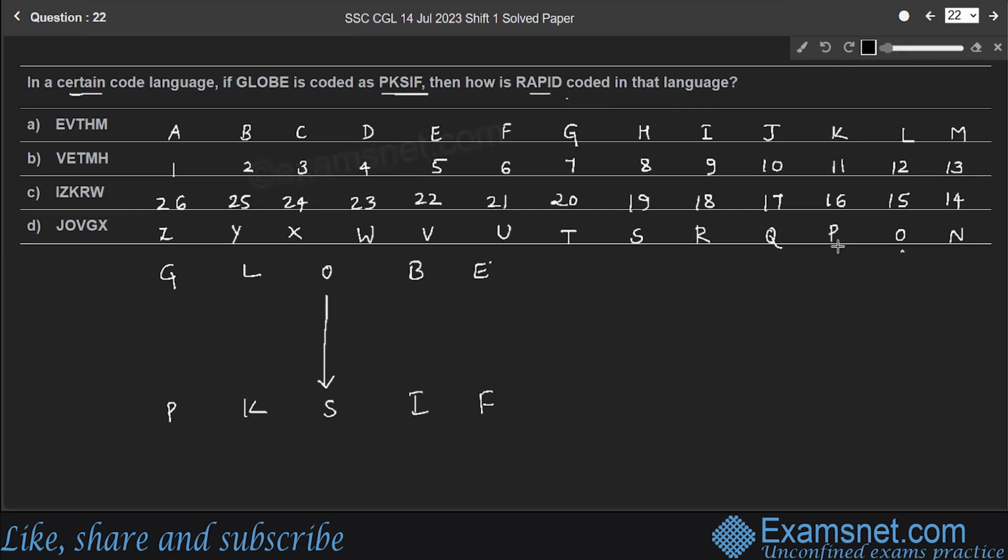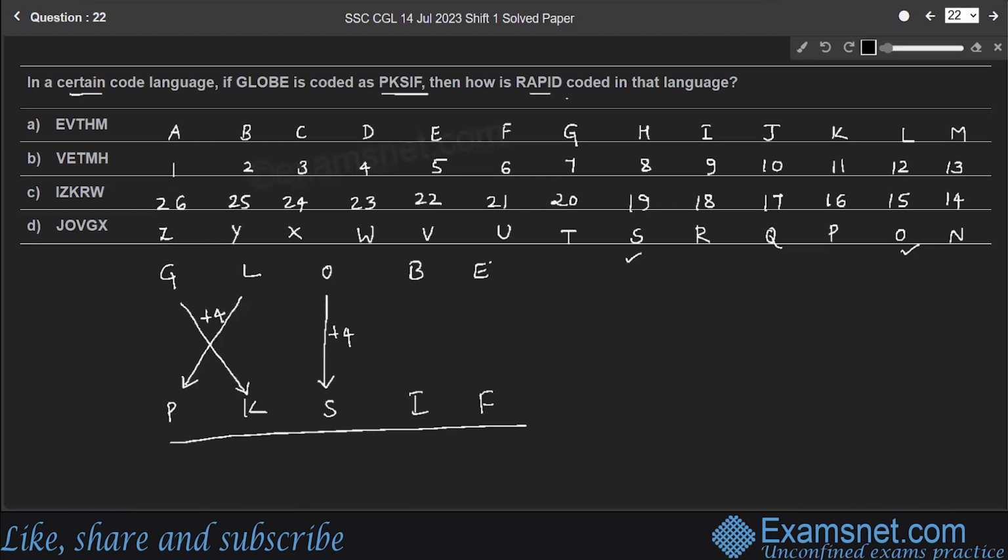So positional value of O is 15. Positional value of S is 19. Therefore, I can write O plus 4 as S. So only the middle letter is coded as middle letter of the code, which is S. Whereas the remaining letters are coded like this. So G is coded as K, L is coded as P, because the logic is plus 4.